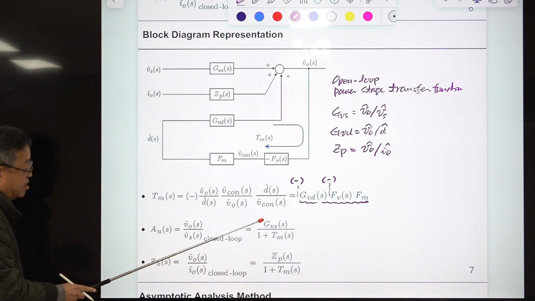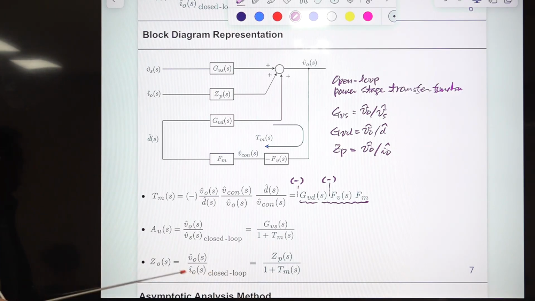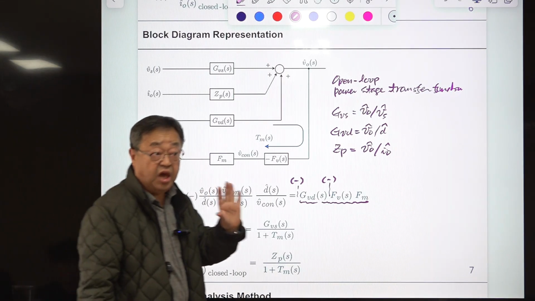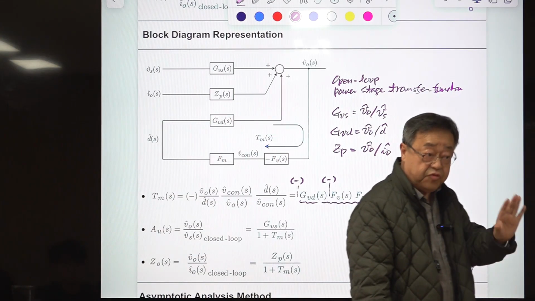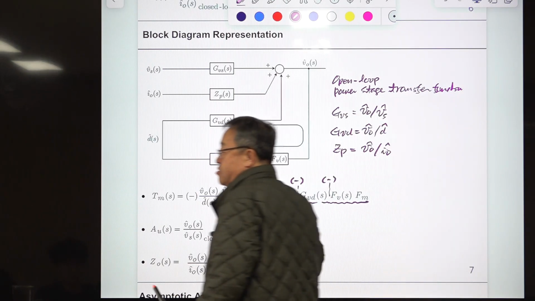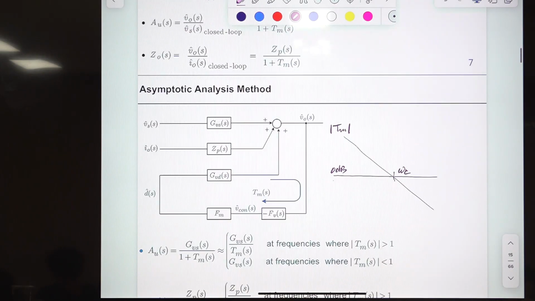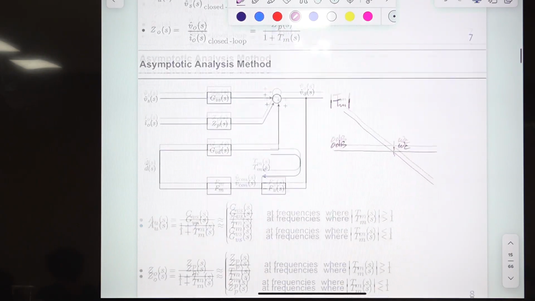So this is open loop, and this is closed loop. You can derive this using Mason's gain rule, which you learned from a control course or block diagram representation. This is trivial to derive, so we assume this is correct. I assume you know this.